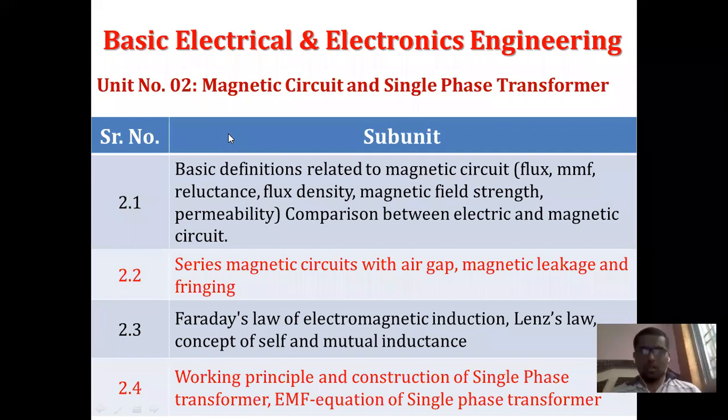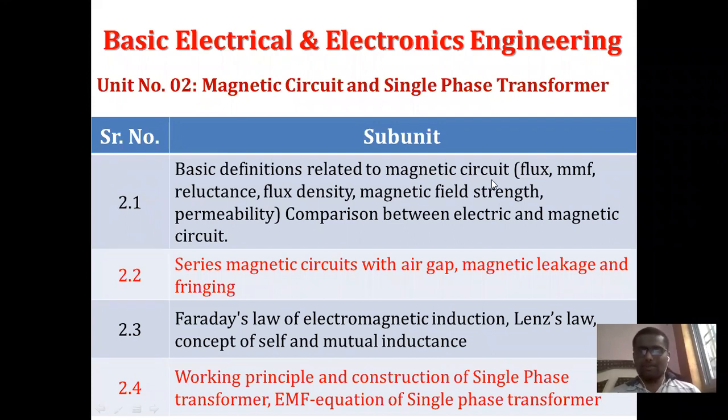Under this unit, a total of 4 subunits are there. So write down the first subunit, 2.1, basic definitions related to magnetic circuit.